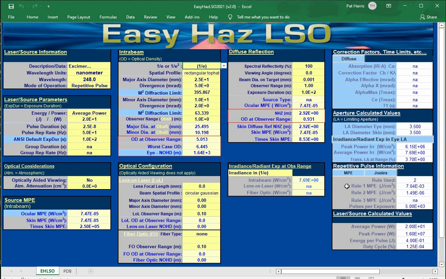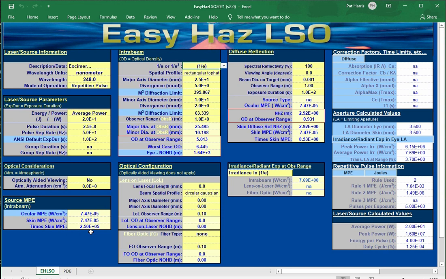There's no photochemical involved in it because the time is too short. We need those longer times, at least greater than 10 seconds, to move into the photochemical MPE being the more restrictive. So clearly that's the case here, and that's why we have such restrictive MPEs here.